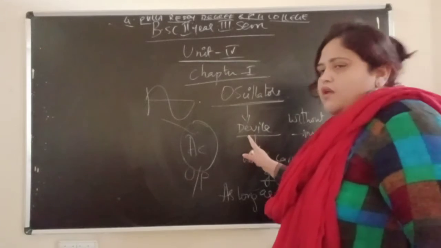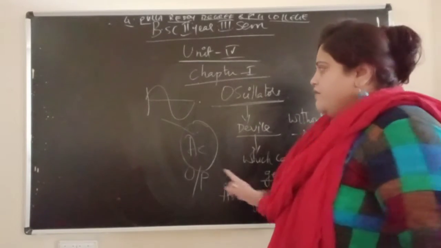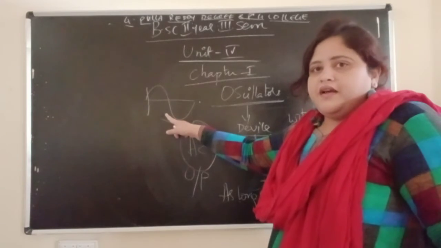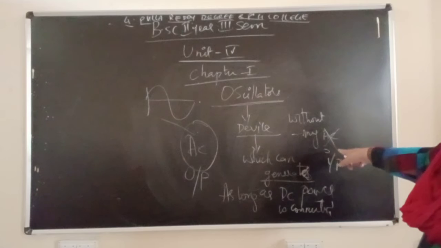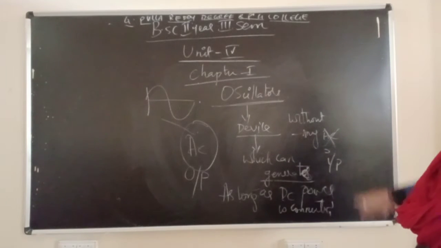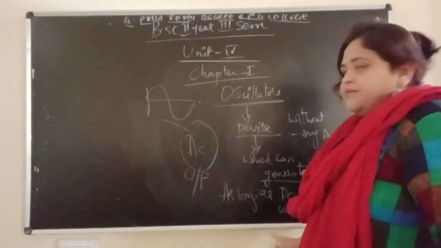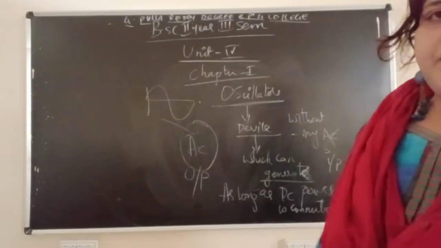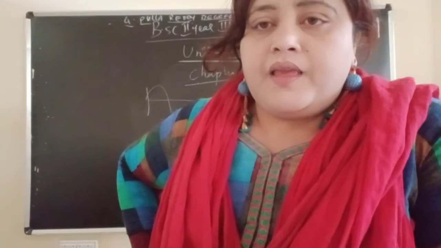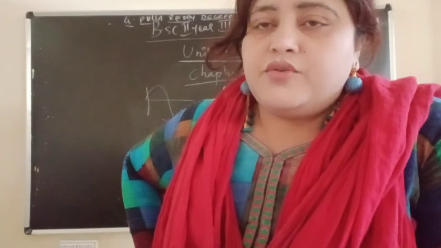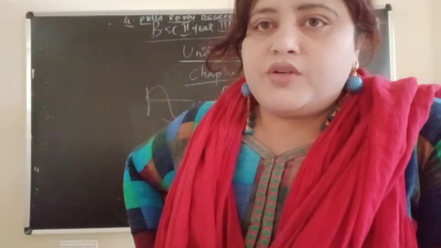An oscillator is a device which can generate the AC output without any AC input, as long as the DC power supply is connected to it. So how will you state the oscillator definition?